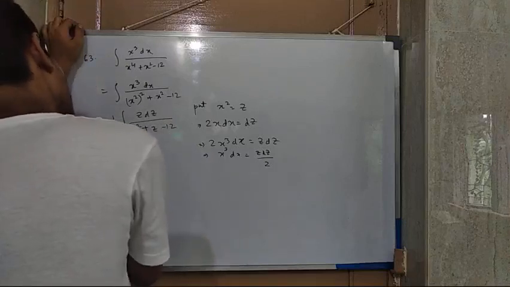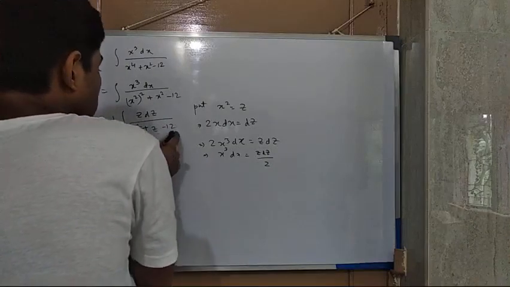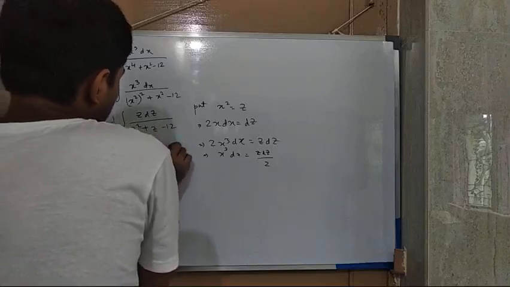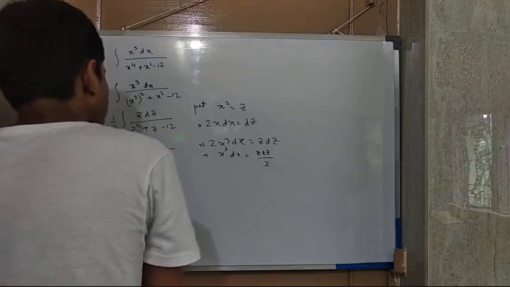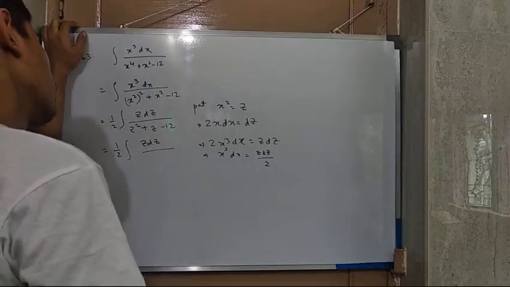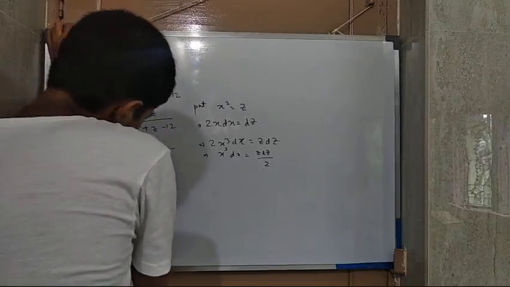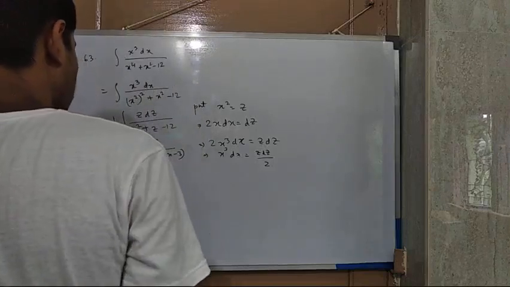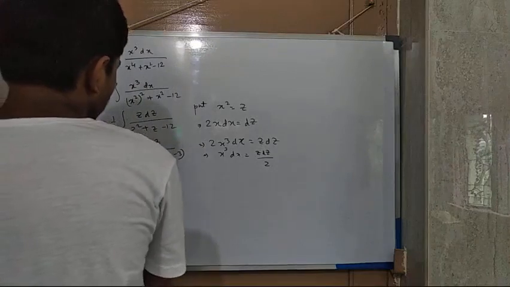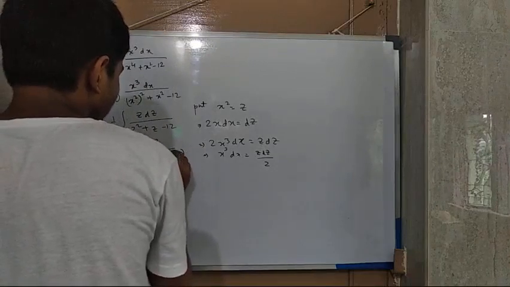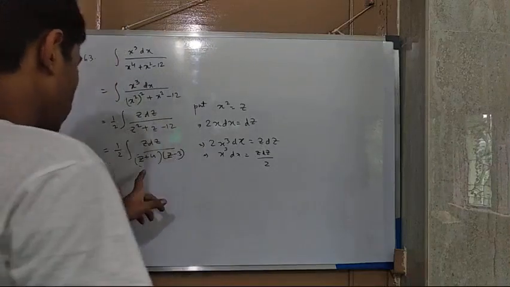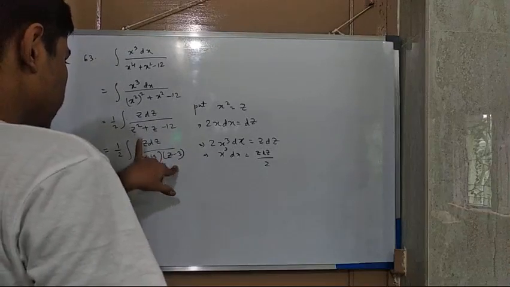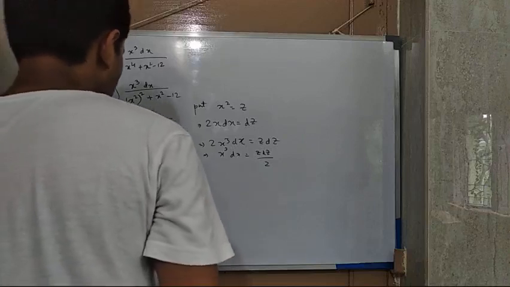So this is half the integral of z dz by (z plus 4) times (z minus 3), because z squared minus 3z plus 4z minus 12 is z squared plus z minus 12. So it is correct.